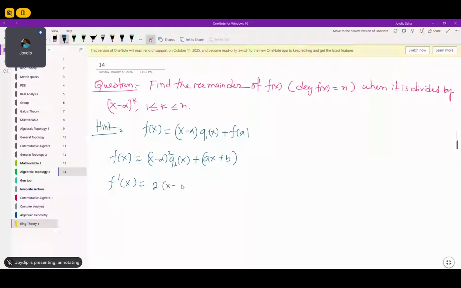It is 2(x - alpha) q2(x) + (x - alpha)^2 q2'(x) + a. So f'(alpha) is a, and f(alpha) is a alpha + b.